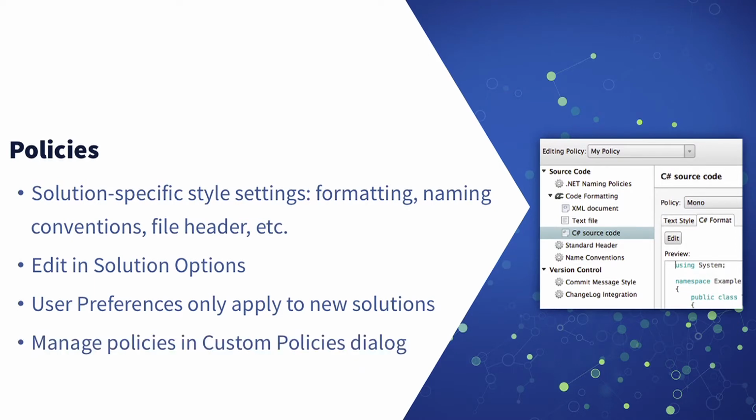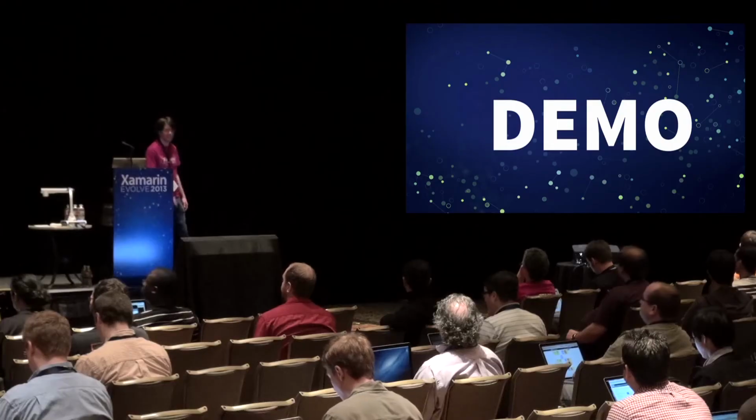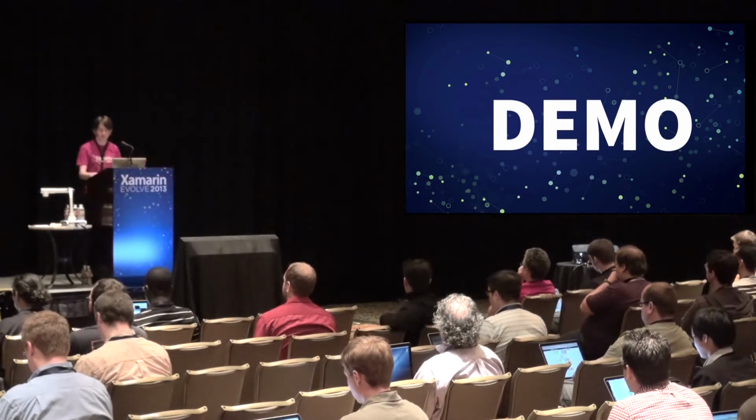There is also the custom policies dialog that lets you define policies, sets of your C# formatting, whether you use tabs and spaces, whether you want your namespaces in new files to be based on the directory structure, and so on. You can save named sets of policies, and then you can apply a named set of policies to an existing solution. Now, I'm just going to show a few of these off.